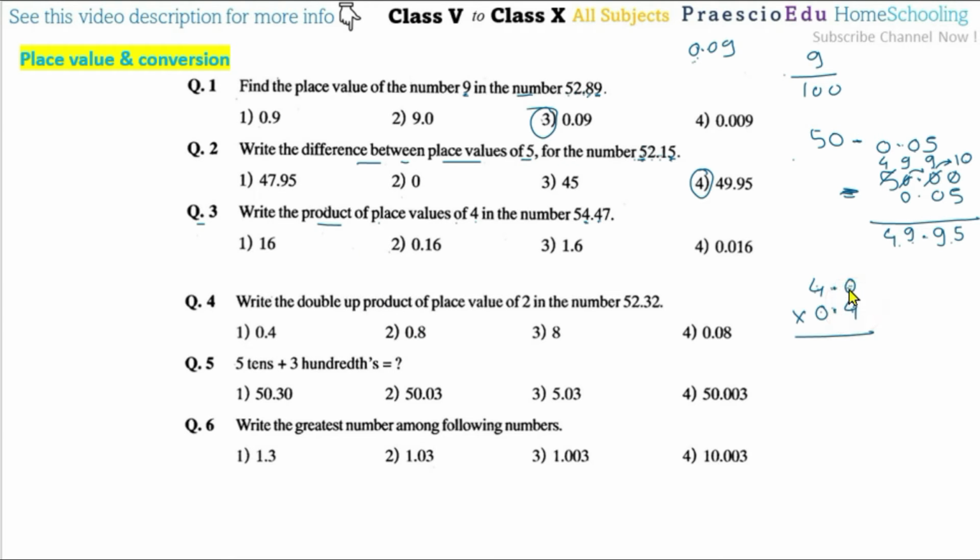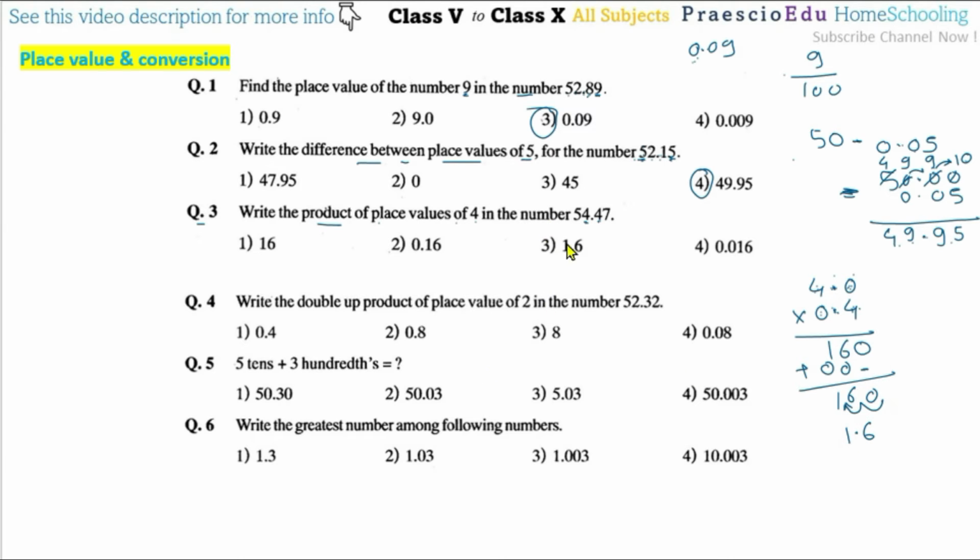So 4 multiplied by 0 is 0, 4 multiplied by 4 is 16, then this is blank, then 0 multiplied by 0 is 0, 0 multiplied by 4 is 0, then we have to do the addition: 0 as it is, then 6 as it is, and this 1 as it is. Now this is 160, but here we now have to consider the decimal point: here 1 place and here 1 place, so a total of 2 places, so this is 1.6.